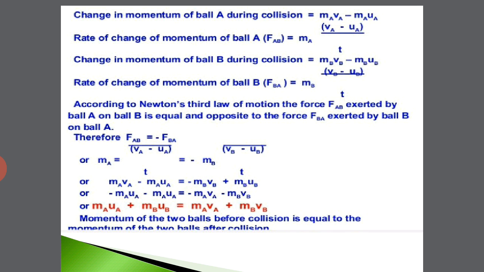So T gets cancelled from both sides, and it is MAVA minus MAUA is equal to minus of MBVB plus MBUB. Put the initial momentum for both on one side and the final momentum on the other side.